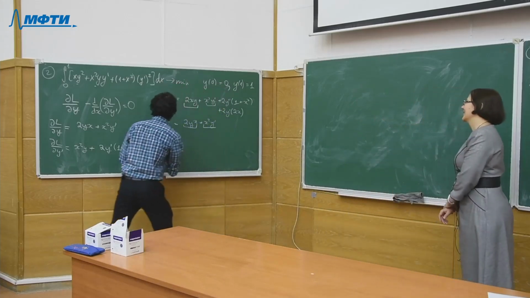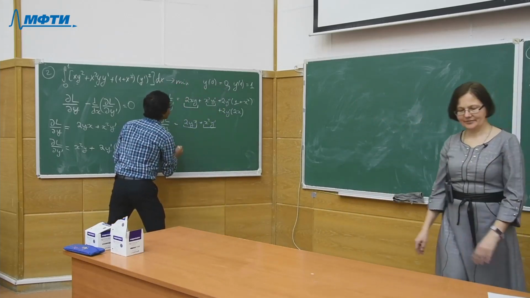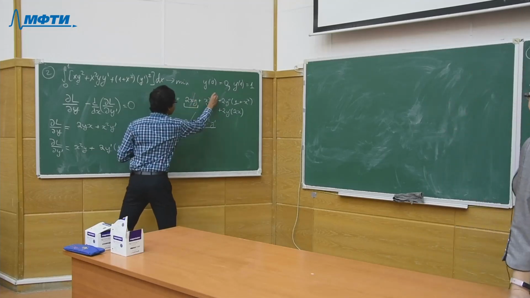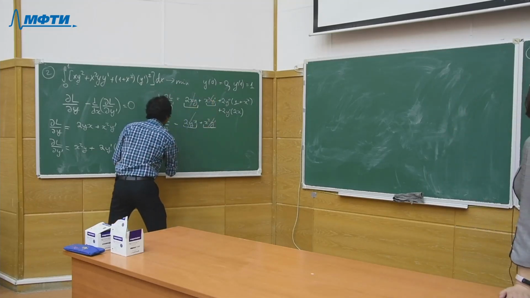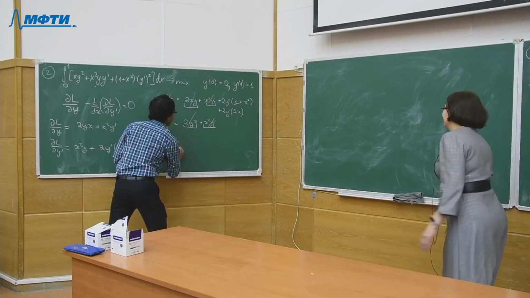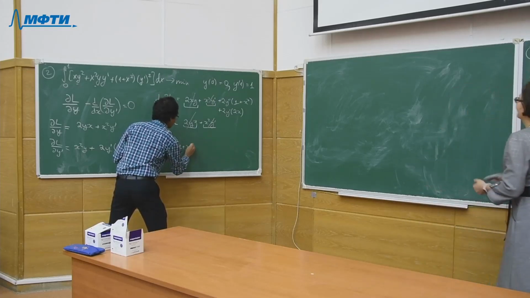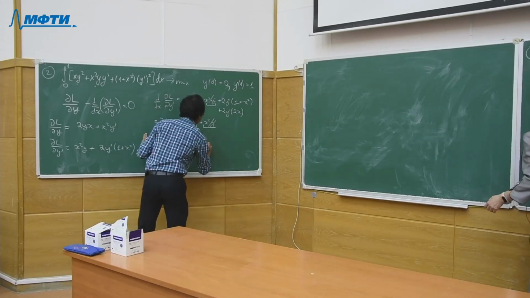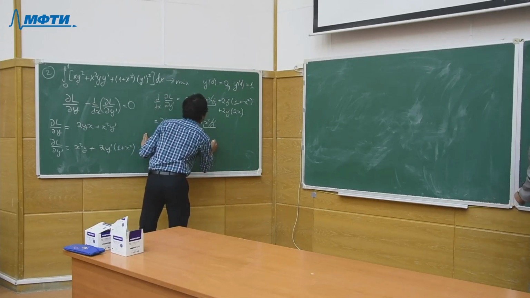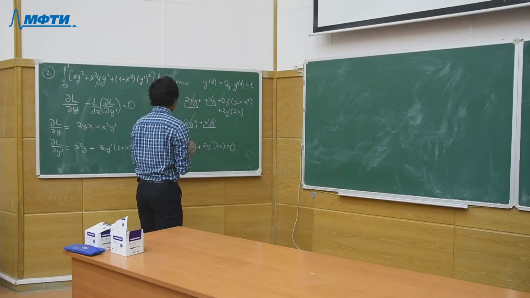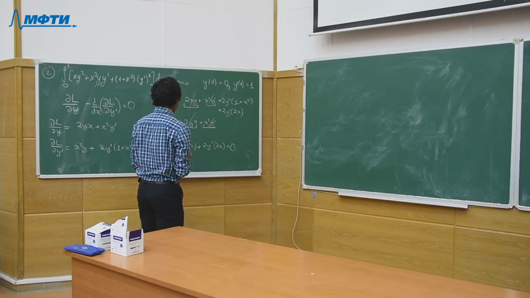So it means 2y double prime times 1 plus x squared, plus 2y prime times 2x is equal to 0. Okay. Now this is a differential equation, and we must first find y prime and then y.